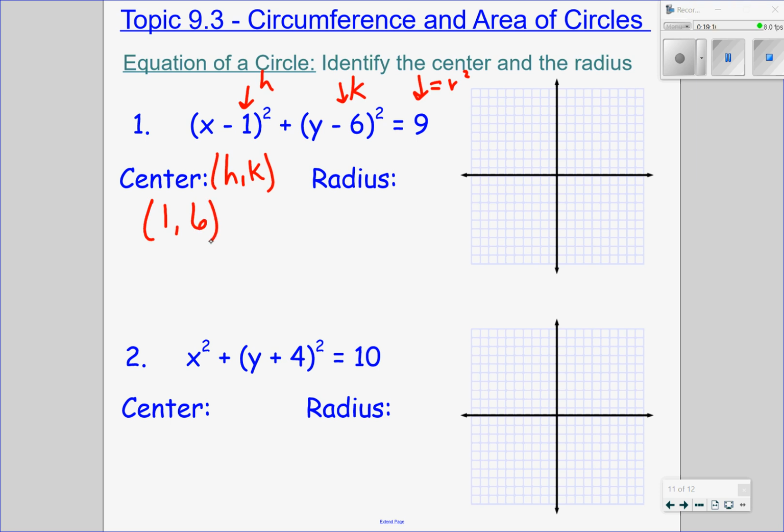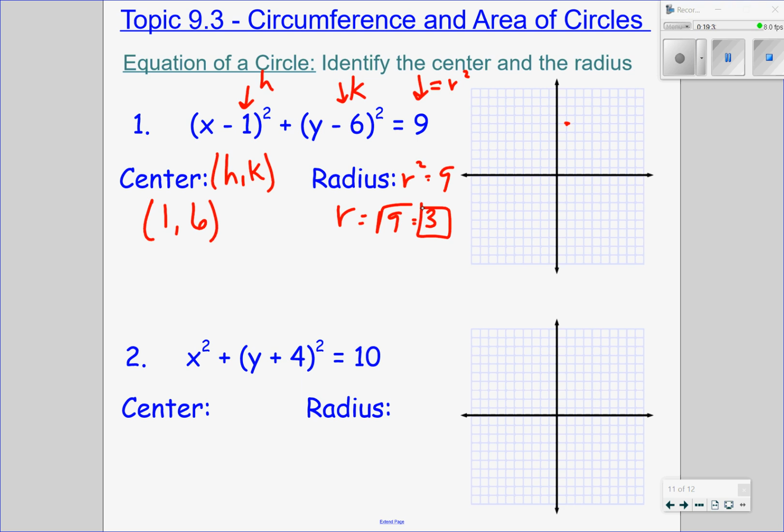So if I were to plot this on a graph, over 1, up 6, we would put our point somewhere here. That would represent the center of our circle. Now our r squared value is equal to 9, so our actual radius is the square root of 9, which is 3.